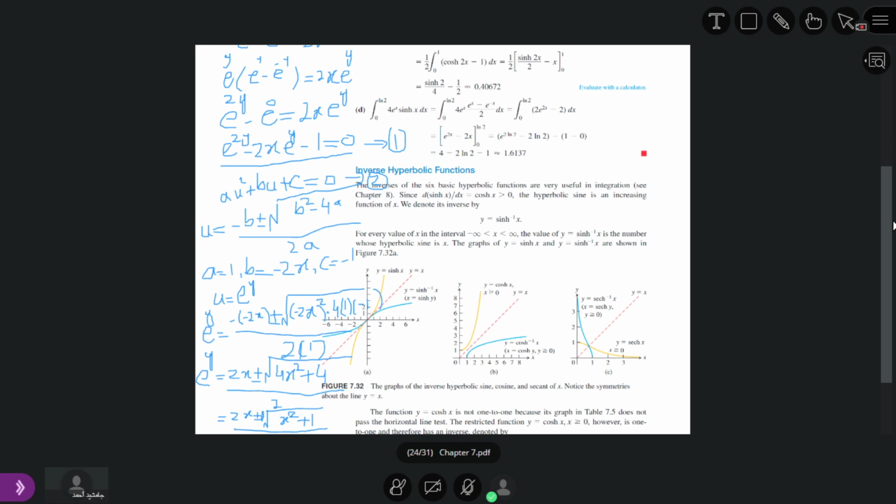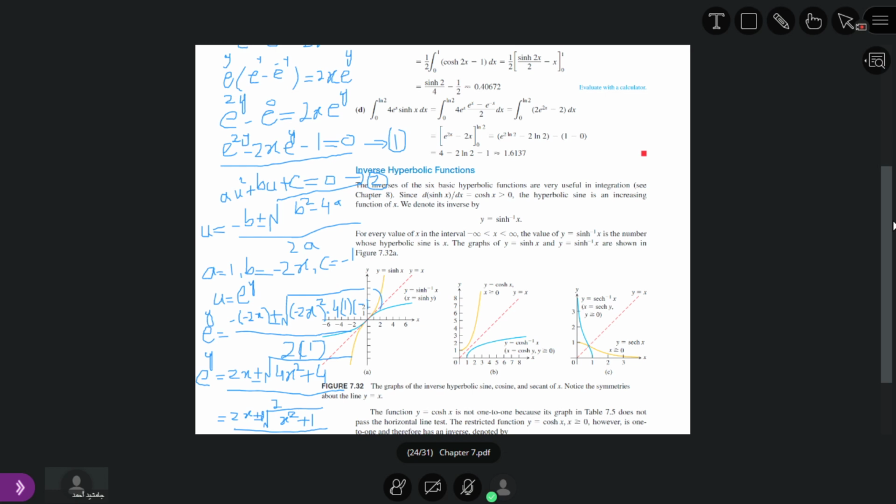So whenever I take 2 as common from the numerator, it will be 2 outside. So what will be the remaining? x plus minus square root of x square plus 1, divided by 2. So we cancel this 2 with this 2. On the left side we have e power y.